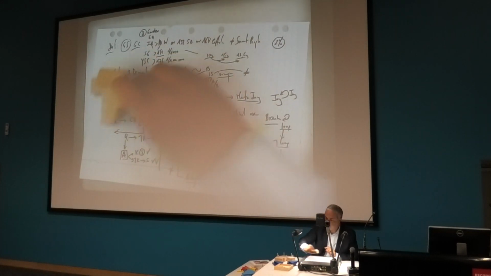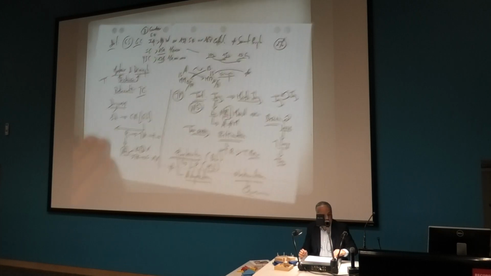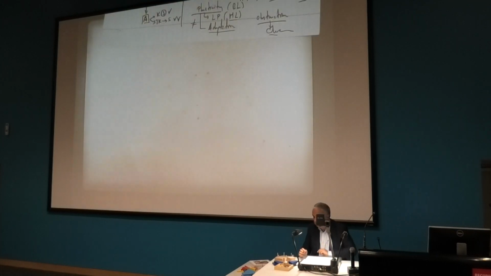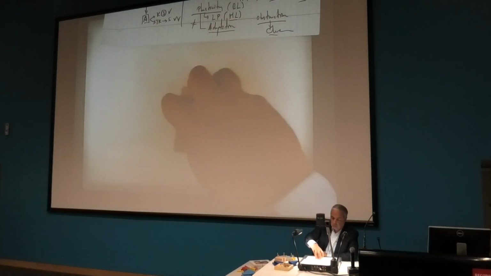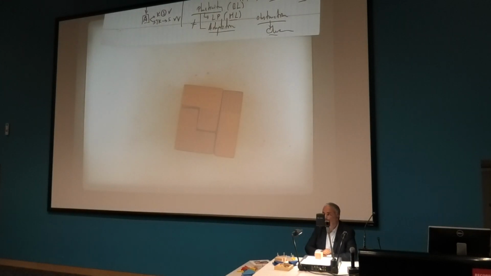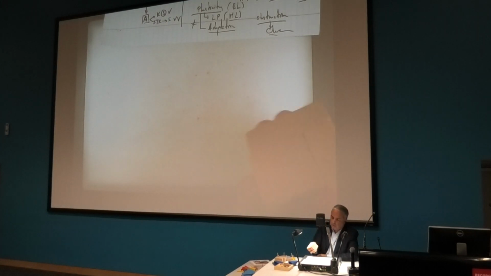So, another example. This is a cube. I mean, you see it's a cube. So the small pieces are these little cubes. How many cubes you have here?